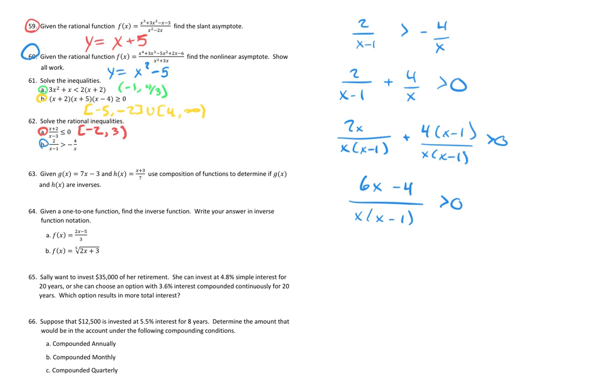I can see it's equal to 0 whenever x equals 2/3. And I can see it's undefined whenever x is equal to 0 and 1. So if I plug in 0 and 1, my function is undefined, doesn't work. And whenever I plug in 2/3, I get 0, which also doesn't work.